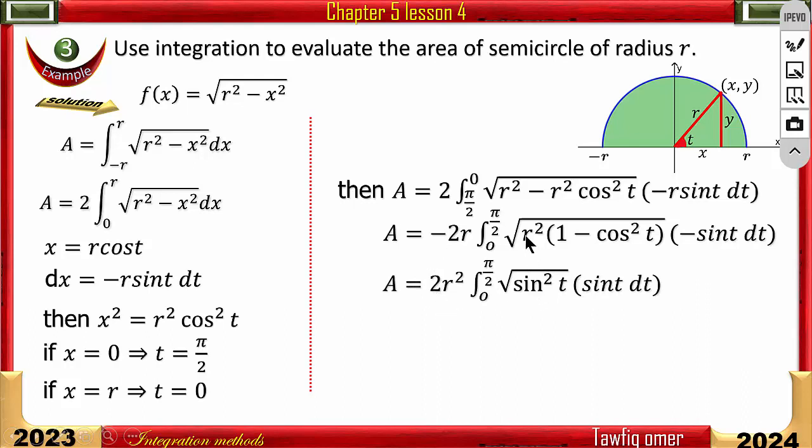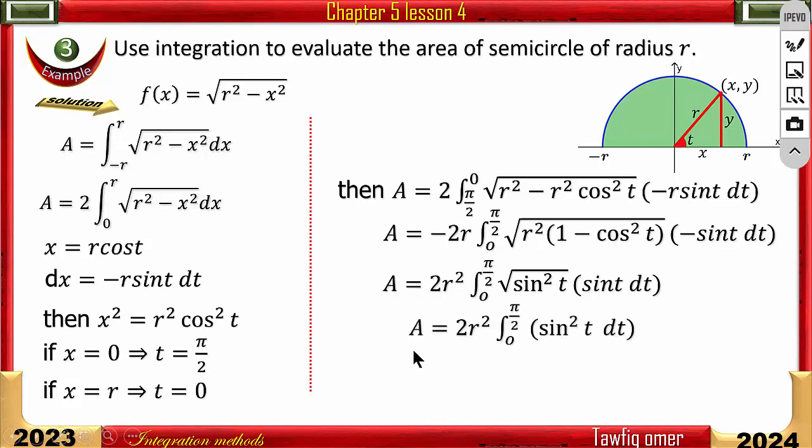Minus times minus is positive, 2r squared, because we have taken out r times r is r squared, and minus times minus is positive. Integration from 0 to pi over 2. Here 1 minus cosine squared is sine squared t.